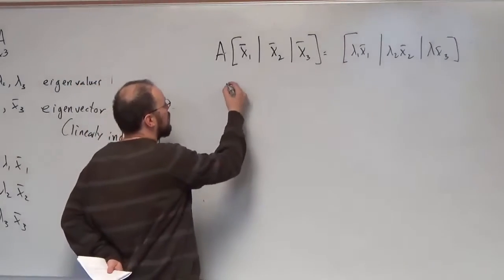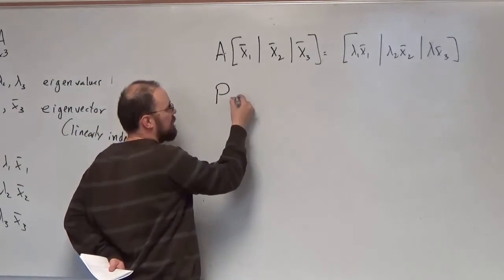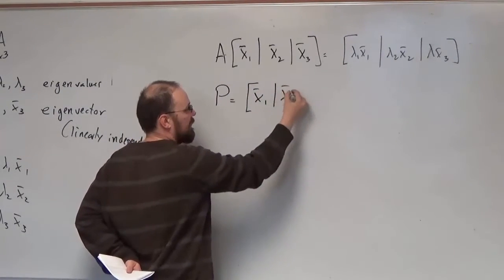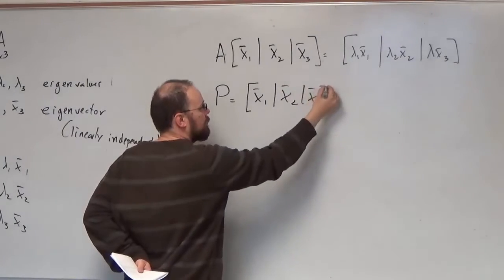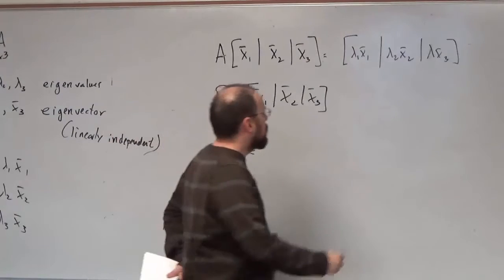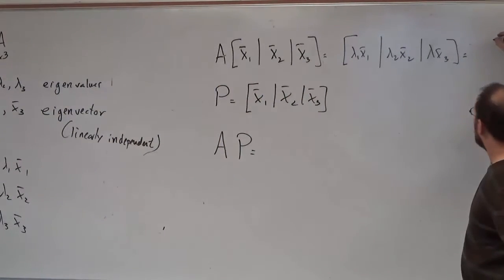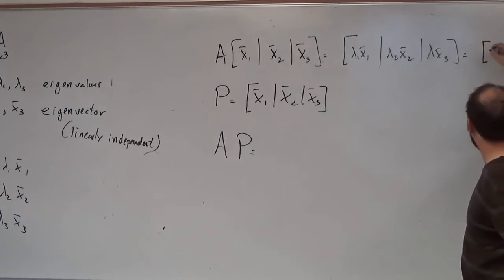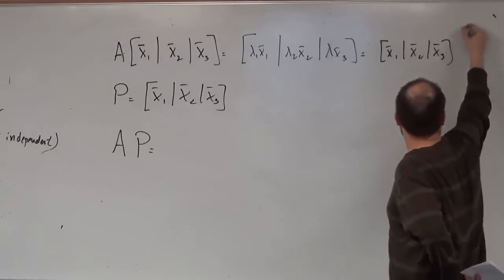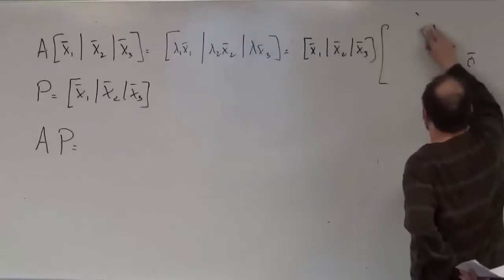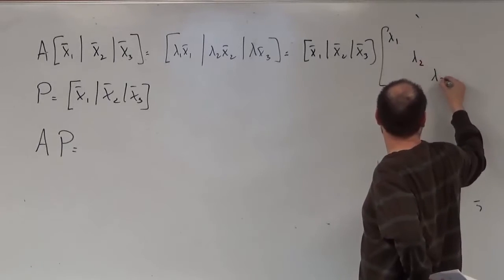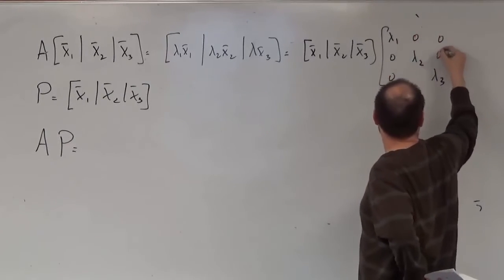Now, define the matrix P to be the matrix whose columns are the eigenvectors, the linearly independent eigenvectors. And then we can write this as AP. Now, this is not so obvious, but you can confirm that you can write this side as P times the diagonal matrix consisting of eigenvalues.